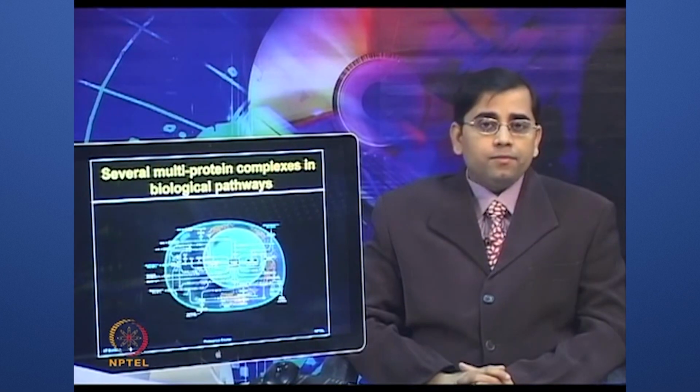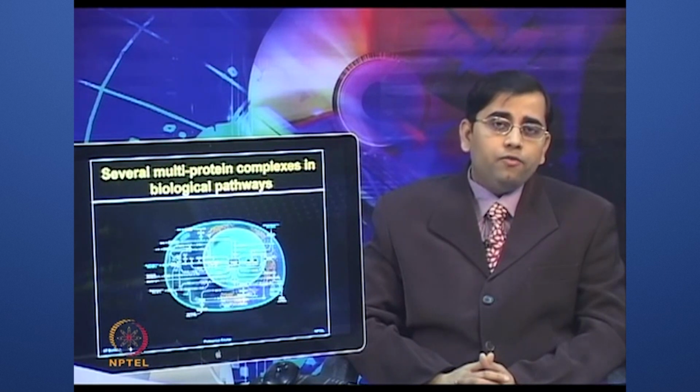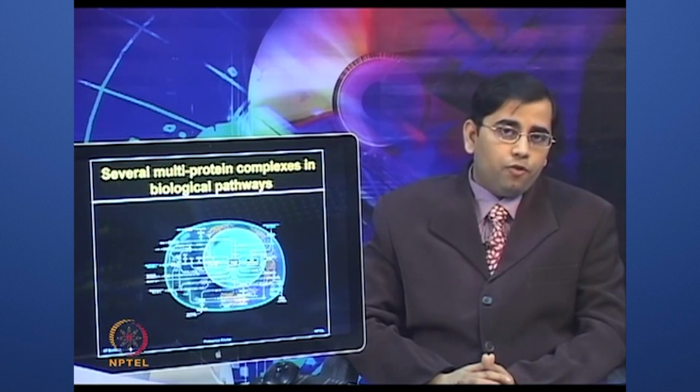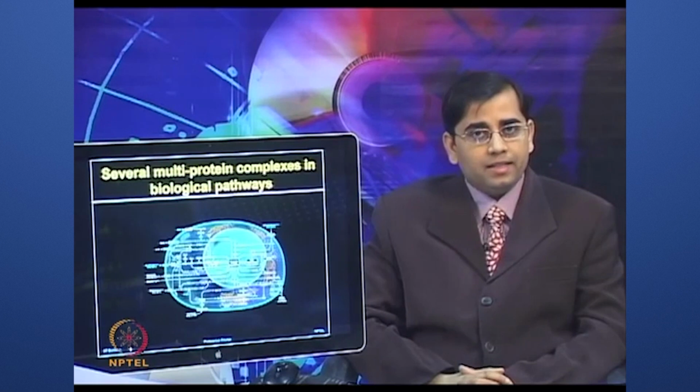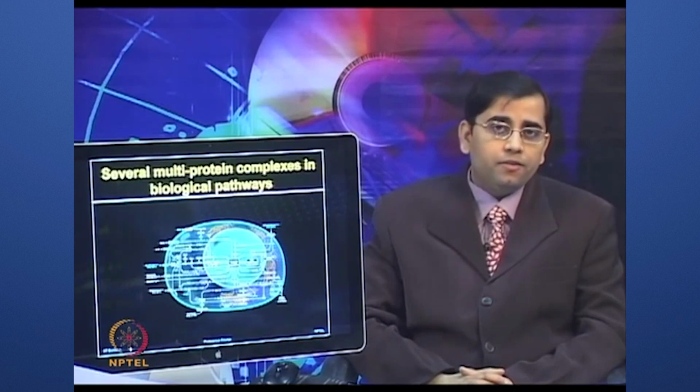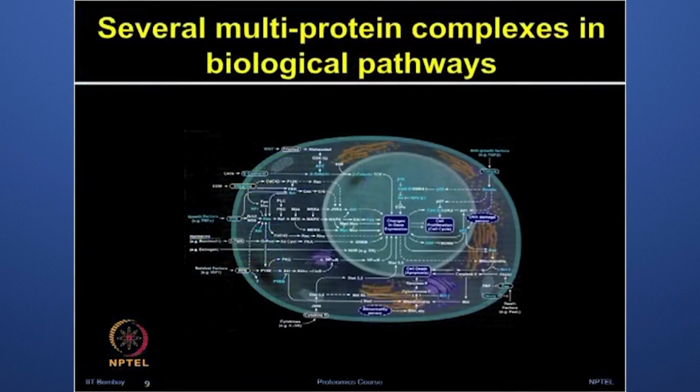So, these proteins could be involved in various biological pathways and form multi-protein complexes, such as the one shown in the figure here. And by studying the interactions, one can slowly start getting the information for the complex biological pathways in which these proteins could be involved.